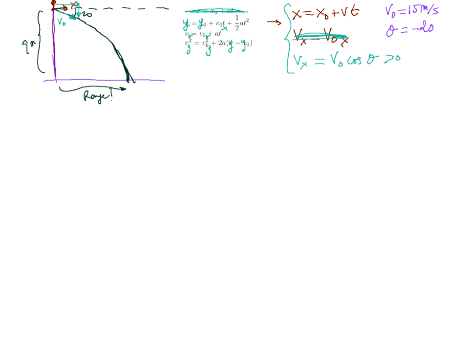Since this is free fall, A is not 0, therefore we keep them, but we know its magnitude. It's equal to positive g, be careful Kyle, always positive. It's the magnitude, it's the length of your arrow, always positive.